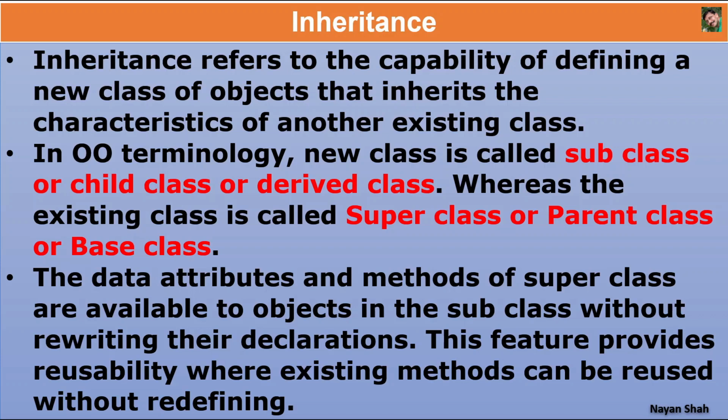So everything that is there in the superclass, when you do inheritance, comes to the child class without rewriting anything. This feature provides reusability where existing methods and attributes can be reused without redefining.